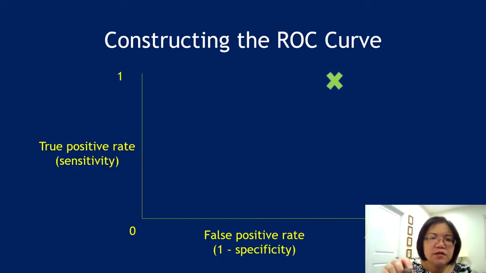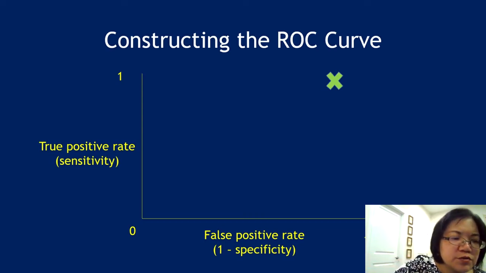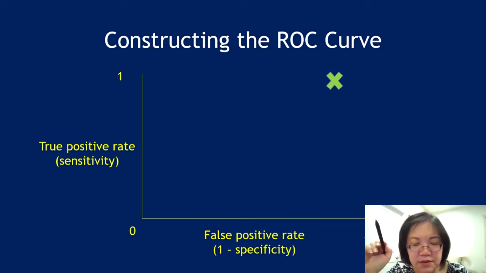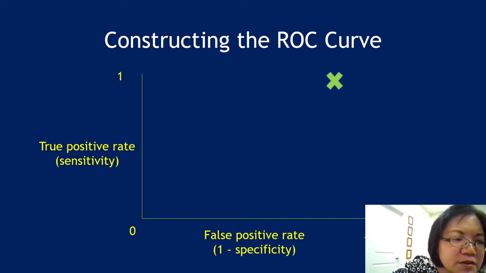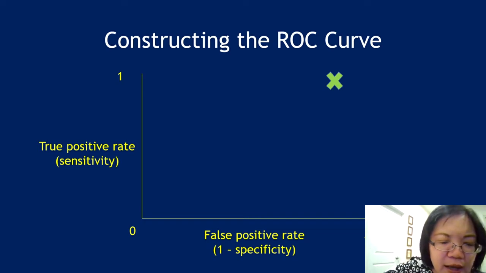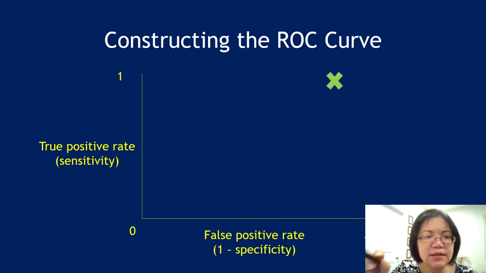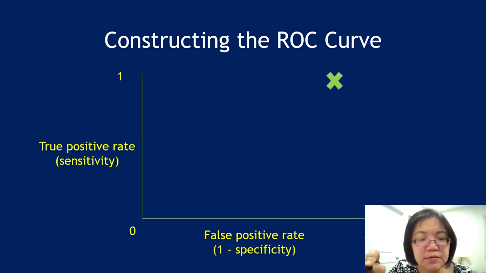Okay. So the ROC curve is basically a ratio between true positive rate, which is sensitivity, and false positive rate, which is 1 minus specificity. This is your good performance. This is your bad performance. So we want to plot my good performance against my bad performance for this particular threshold.